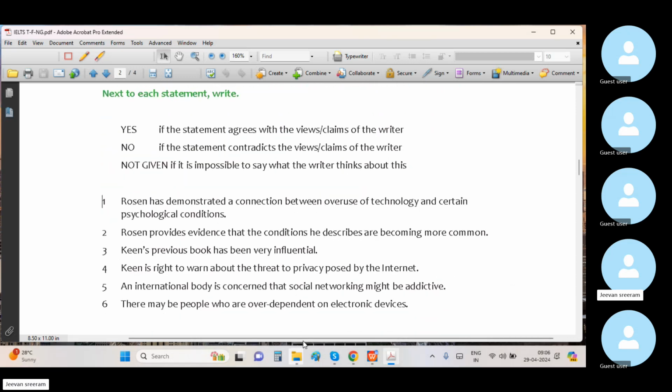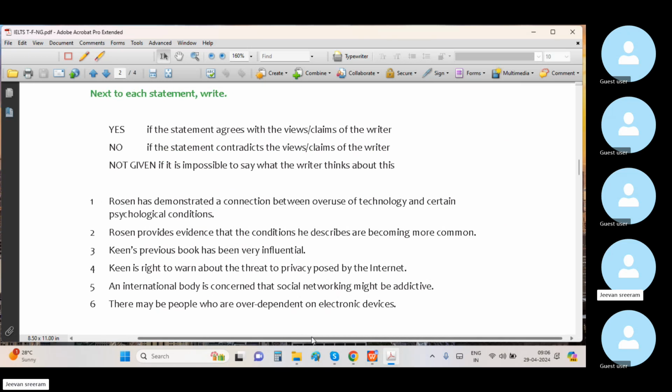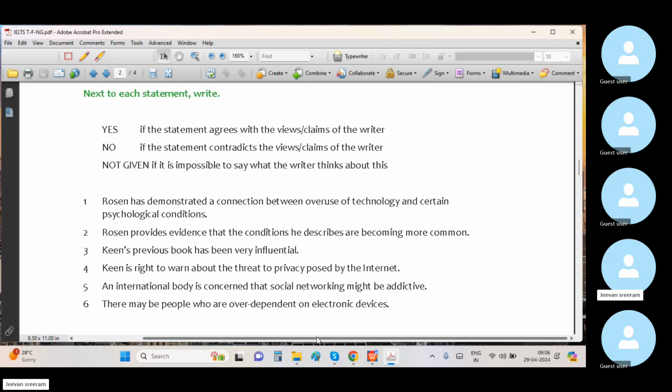So yes, no, not given is one of the challenging question types, because you should be able to understand the exact meaning of the relevant information that answers the question. So let's understand what kind of sentences get yes, no, or not given.